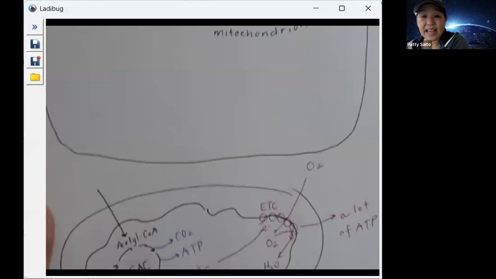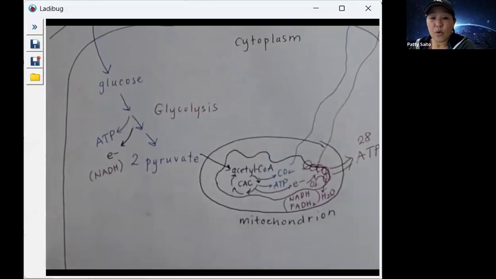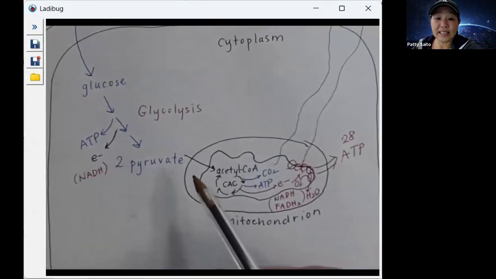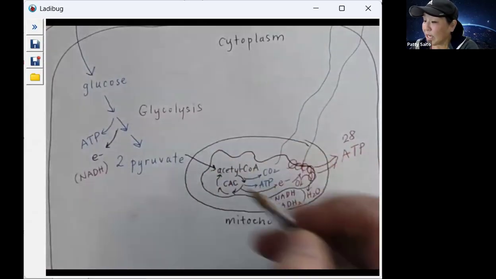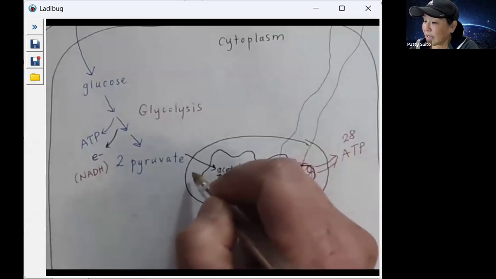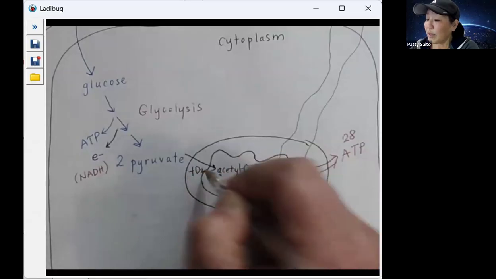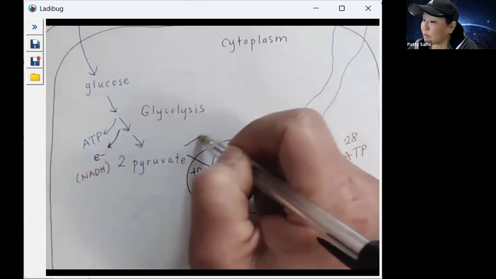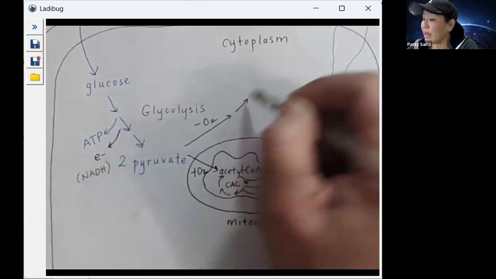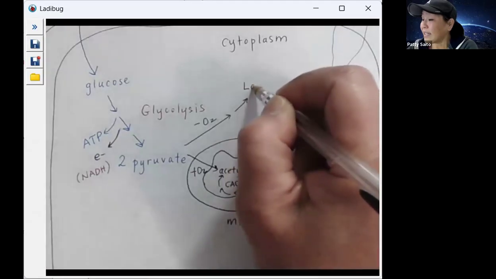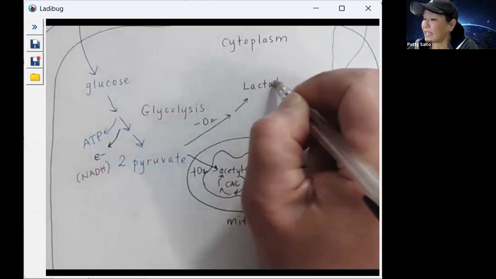With enough oxygen, it's going to enter the mitochondria and do that. So I'm going to say plus O2, we go there. Without O2, I'm going to go minus O2, we form lactic acid, lactate.